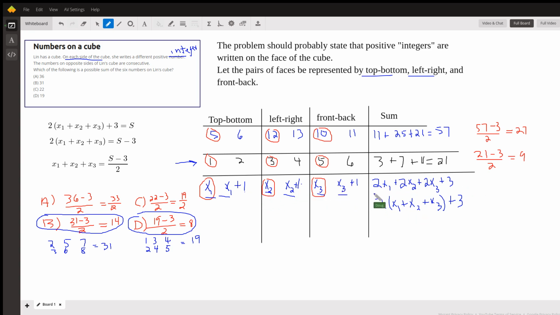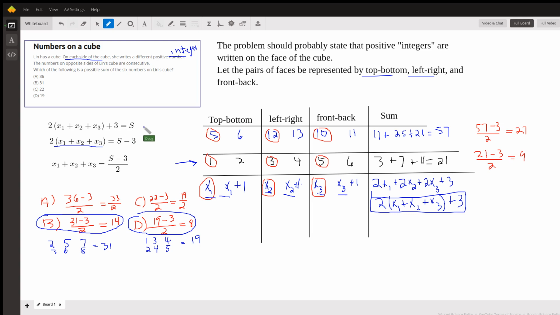So here's an expression for the sum, assuming x sub 1, x sub 2, and x sub 3 are positive integers. And if we set that expression equal to the sum and solve for x sub 1 plus x sub 2 plus x sub 3, that'll give us an idea of what those integers have to look like.